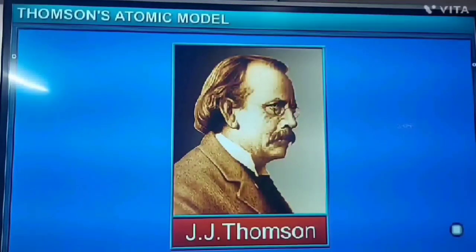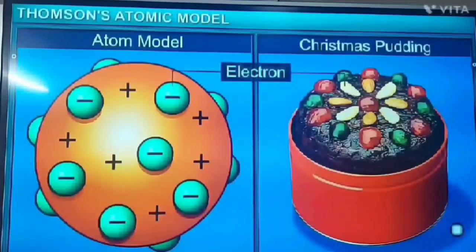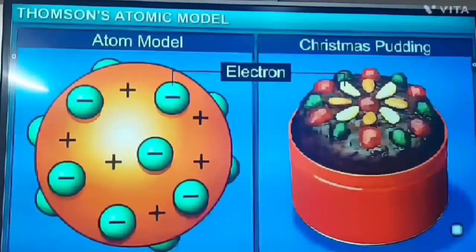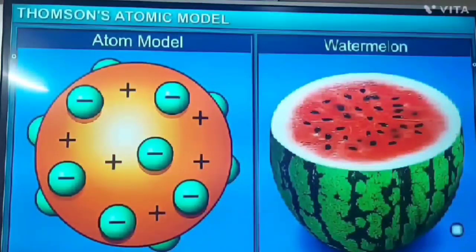J.J. Thomson was the first to put forward a model to explain the structure of an atom. In his model, Thomson compared an atom to a Christmas pudding. The electrons were like the raisins in the pudding, and the pudding itself was like the positively charged particles. This can also be explained through the example of a watermelon.